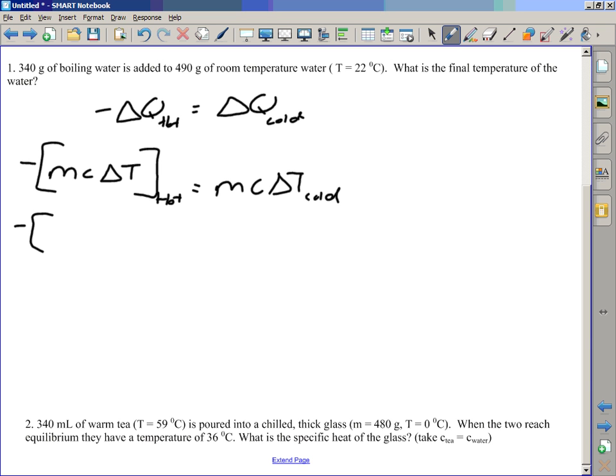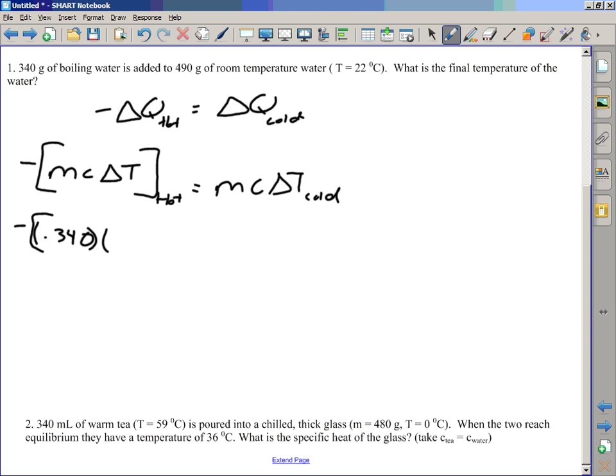Negative mass of the boiling, 0.340. Notice it's in grams. I'm converting back over to kilograms. Times C, right? Because it's going to be the same on both sides. Okay, good. We could actually cancel these out.